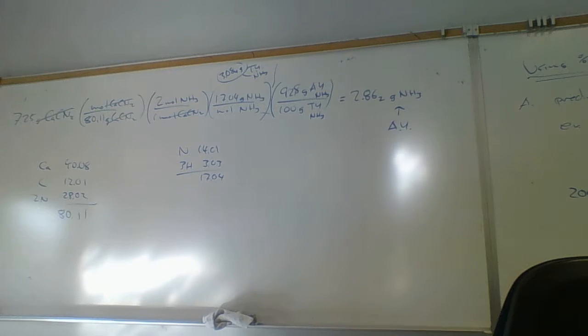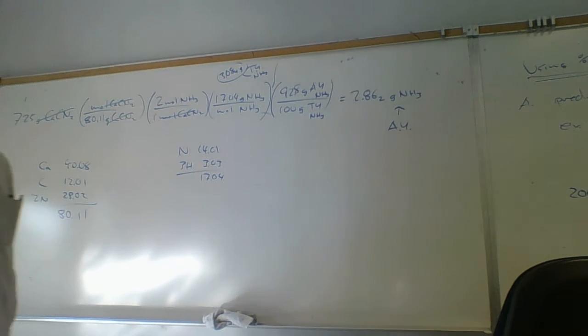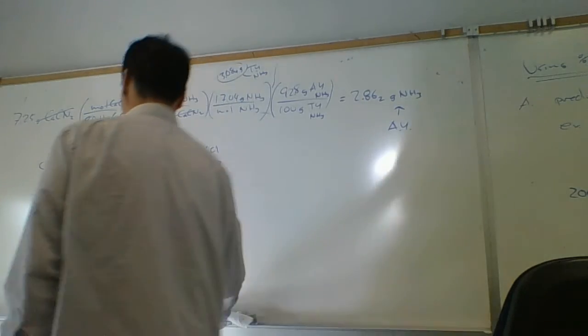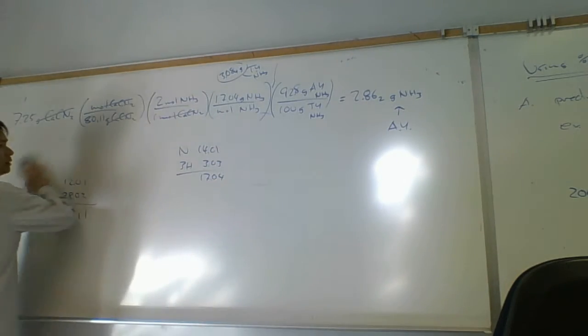Let's go on to number 35. In number 35, what we're doing is we're going to compensate the amount of ingredients here, because we want this as an actual yield. We want 500 kilograms of ammonia actual yield. If we want a 500 kilogram actual yield, how much hydrogen do we need to start off with?